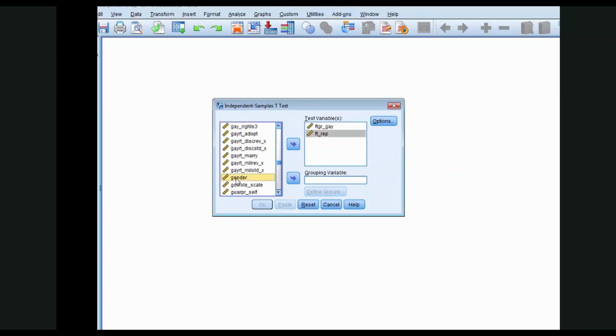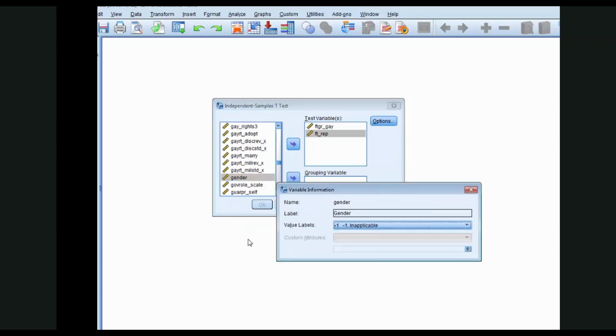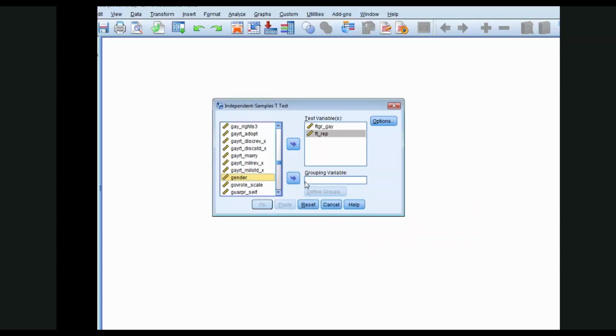Here, it is always useful to review the codes because SPSS is going to want to know the numeric codes of the groups that you want to compare. I'm going to right-click on gender, click variable information, and just make note of the fact that males are coded 1 and females are coded 2. We'll see just presently why that's important. I click gender over.